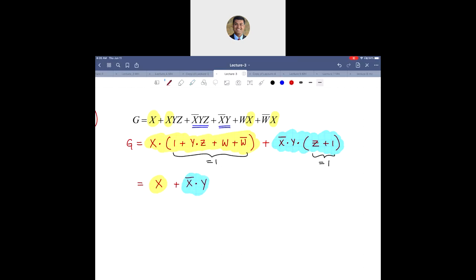Now at this point, I can use 11D, which is to simply write this as x or y. Let me cite this property here because it's slightly unusual to see this. This is 11D.